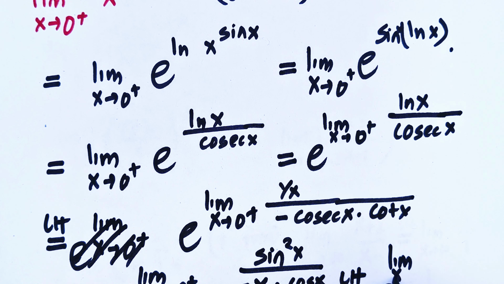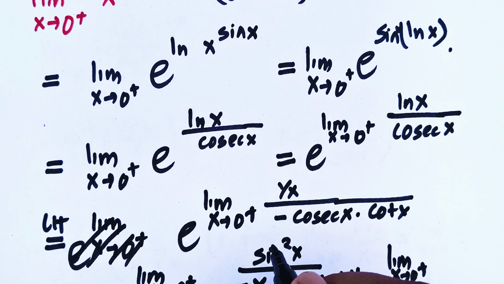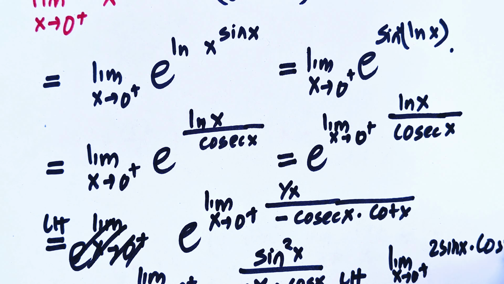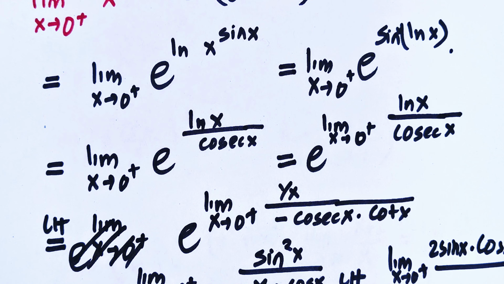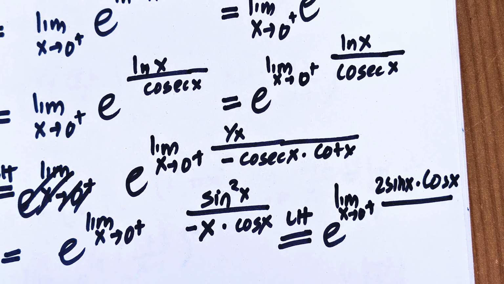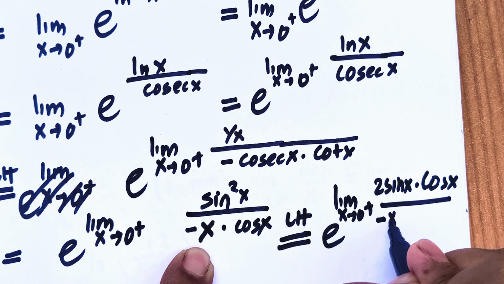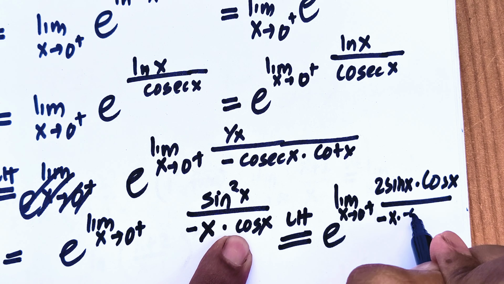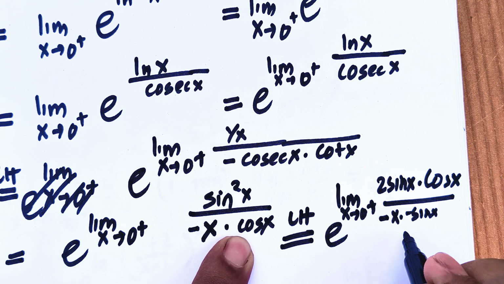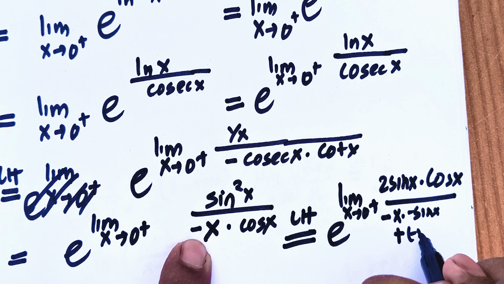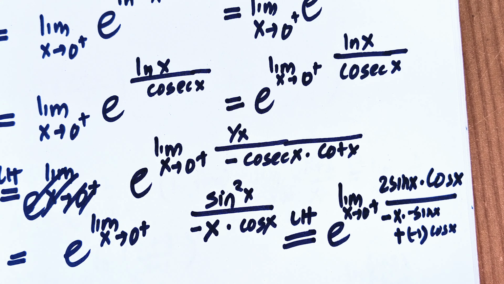So e to the power limit x goes to 0 plus derivative of sin square x, which is 2 sin x, times derivative of sin x which is cos x, divided by, we will apply product rule here. Keep x as it is, derivative of cos x is minus sin x, then plus derivative of x is 1, and keep cos x as it is.